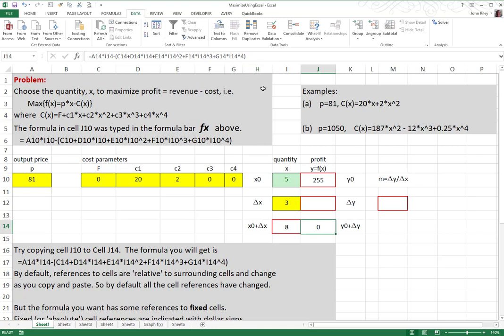And here's the problem. When we start here and copy in Excel, if you copy a formula like this with 10s, go down 4, all the 10s are going to become 14s. And we do want I10 to become I14, but the others are parameters. They're fixed. So let's show you how we can make them fixed.